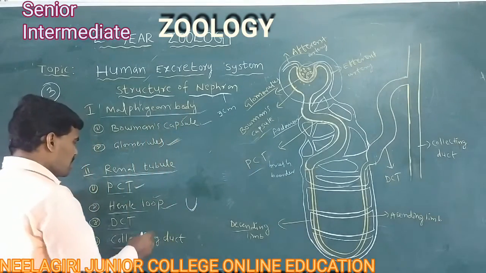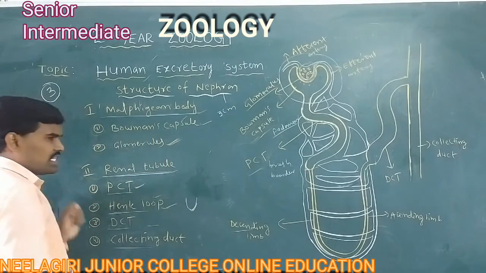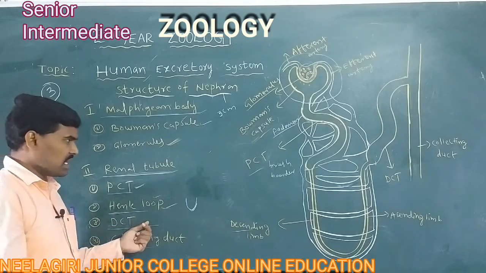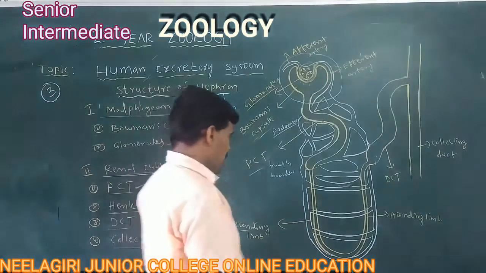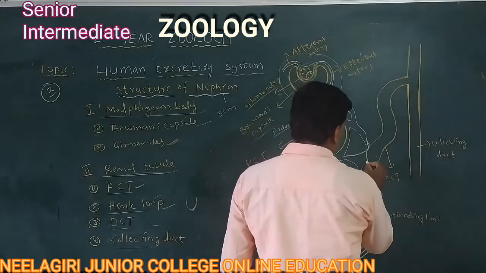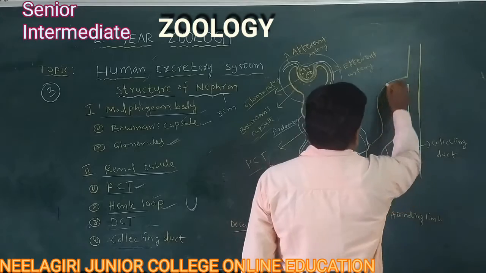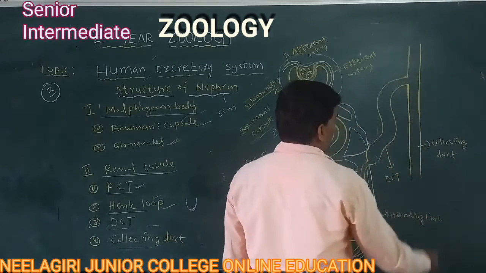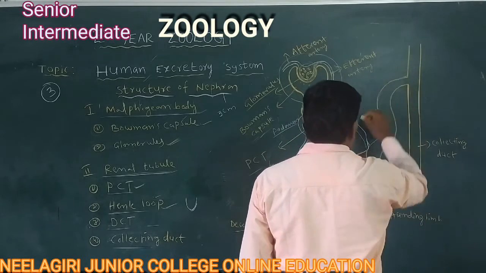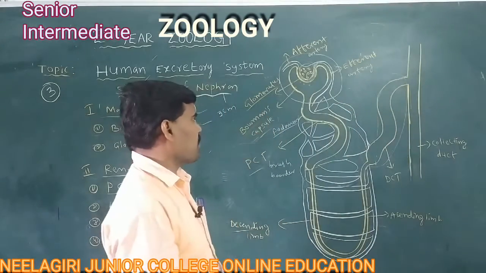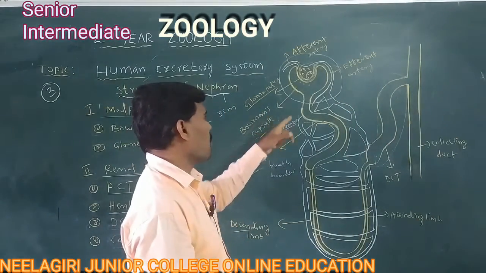Next is the DCT, meaning distal convoluted tubule. After the ascending limb, the part up to the collecting duct is the distal convoluted tubule, in the distal part away from the Bowman's capsule.